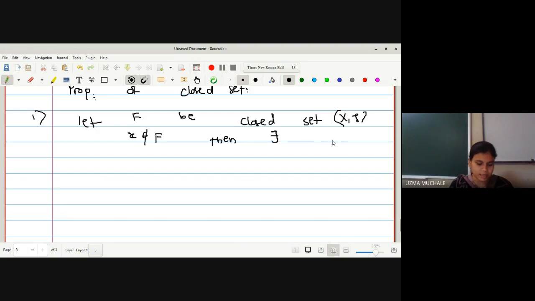there exists an open set Gx containing small x such that X belongs to Gx and Gx is contained in F complement.